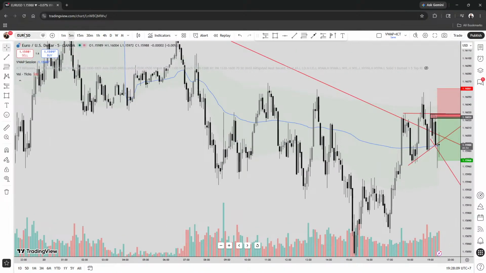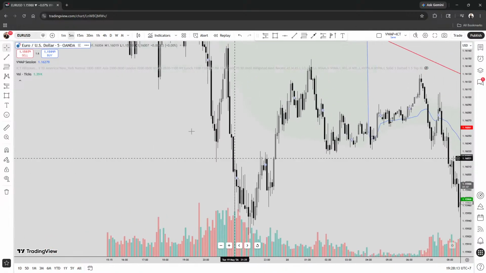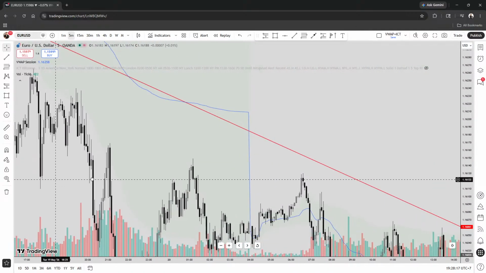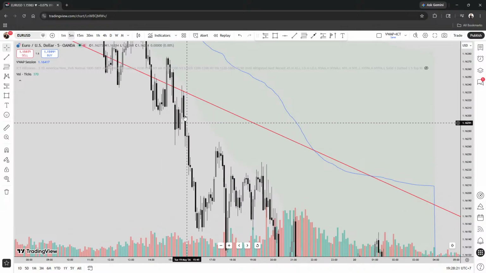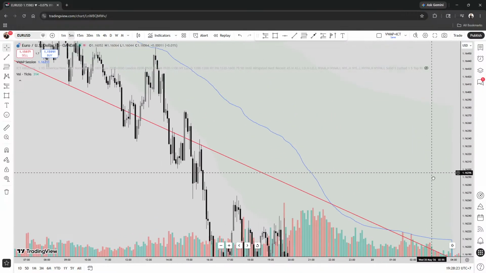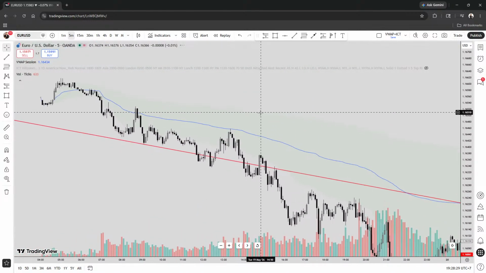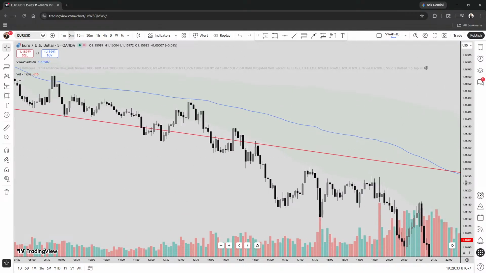I'll give you guys an example for this strategy. First, in the 5-minute time frame, we can see the trend first.